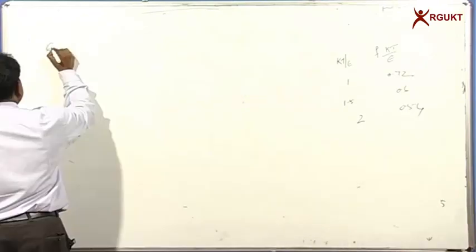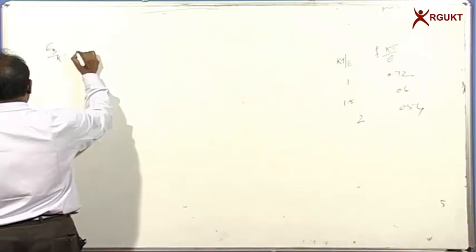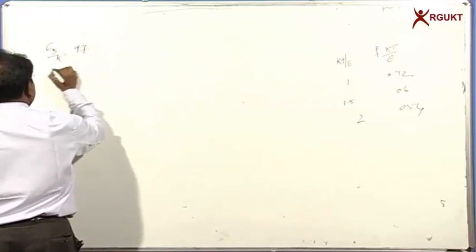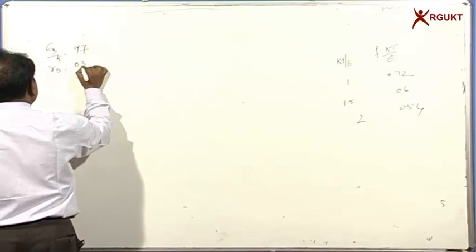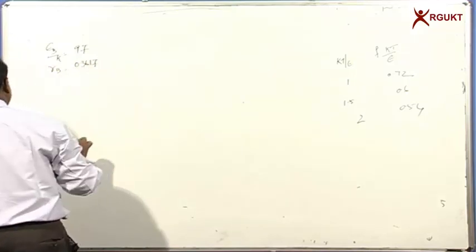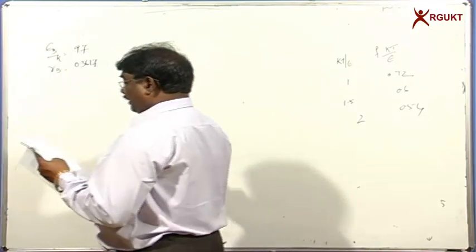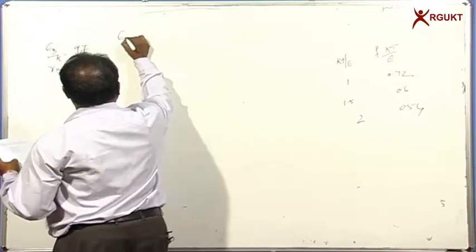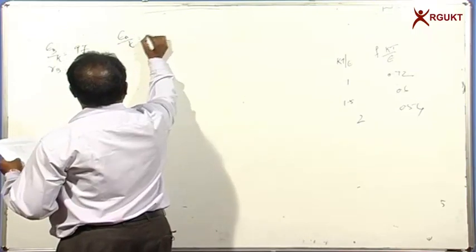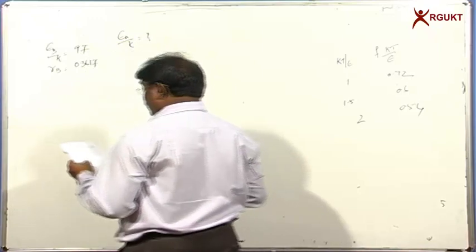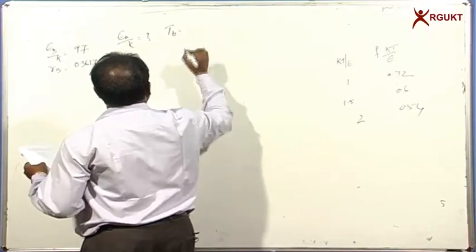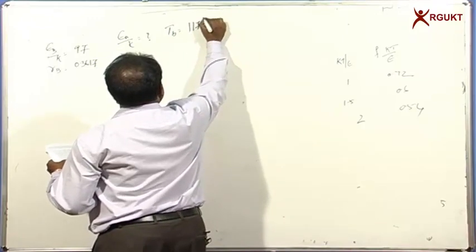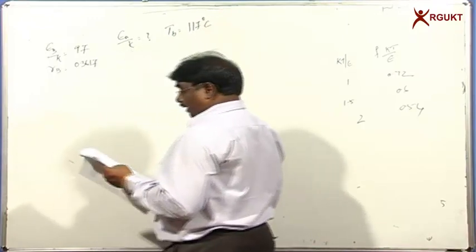For air, the epsilon B by K is equal to 97, RB is equal to 0.3617. For butanol, the epsilon A by K value is not given, whereas the normal boiling point temperature TB is given as 117 degrees centigrade.